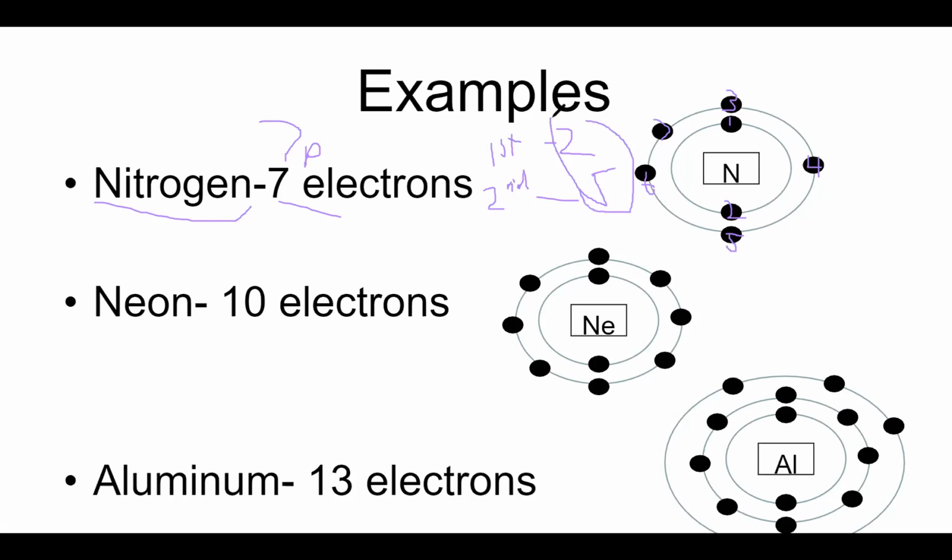So we have 7 electrons total in nitrogen. 2 of them will go on our first shell, and the remaining 5 go on our second shell, which gives us a total of 7.